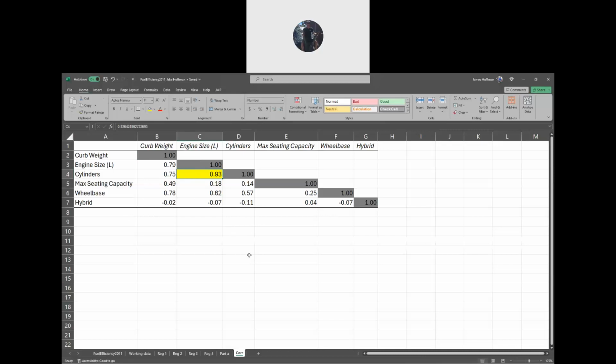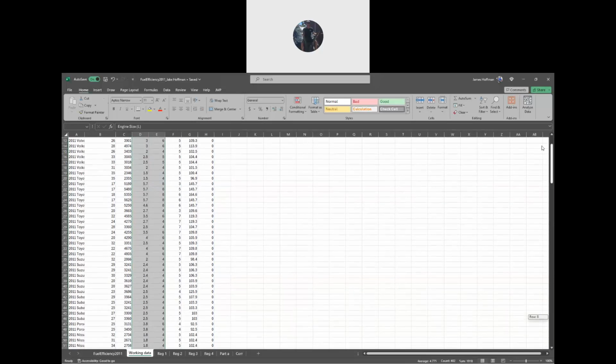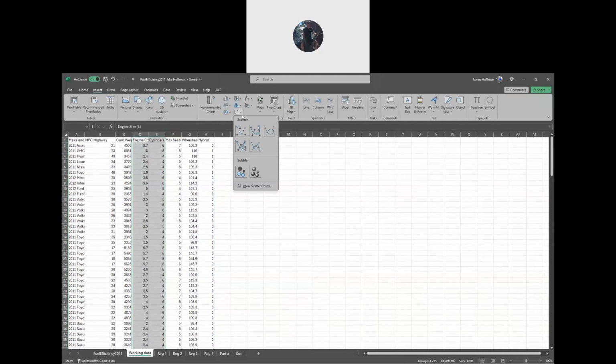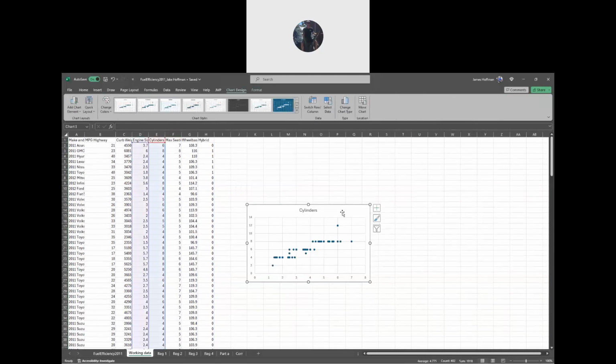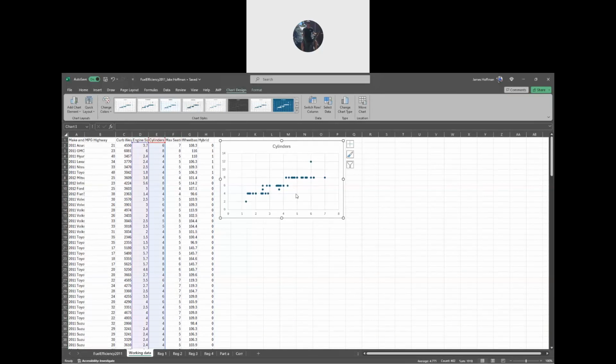So let's go back to working data and graph engine size and cylinders by selecting D1 to E201 altogether, and then insert the scatter chart. So it's a huge correlation, right? We have to take one of those out.